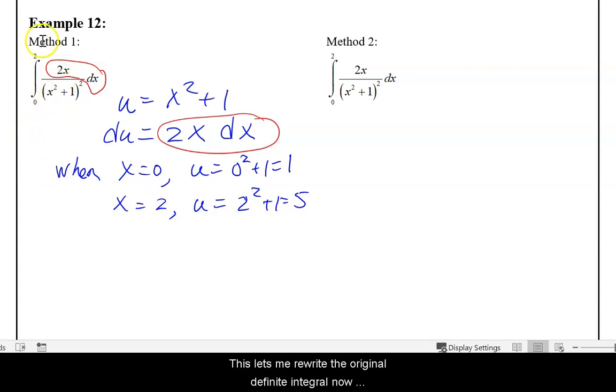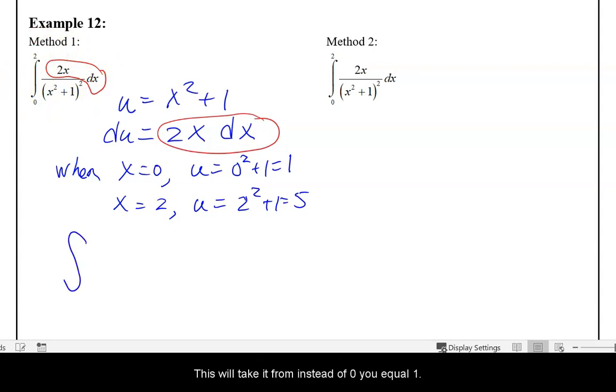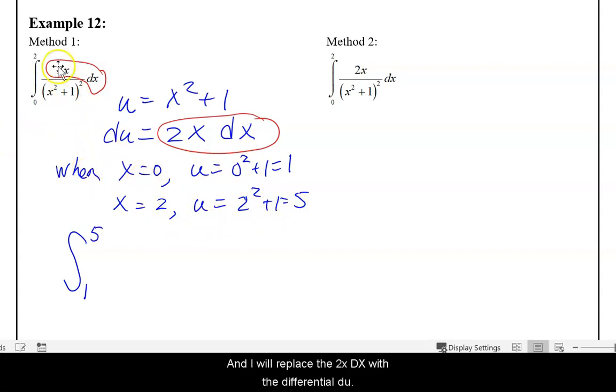This lets me rewrite the original definite integral now only in terms of u. This will take it from, instead of x equal 0, u equal 1, and instead of x equal 2, u equal 5, and I will replace the 2x dx with the differential du, and I will replace the x squared plus 1 quantity squared with u squared.